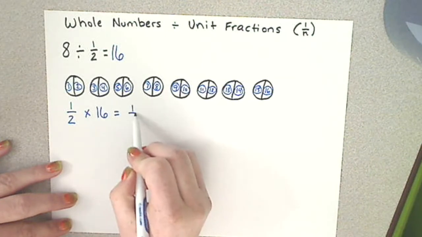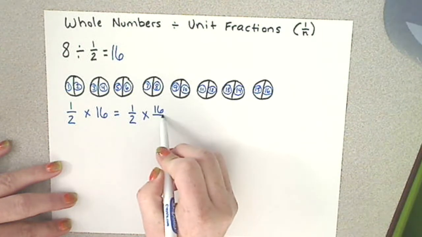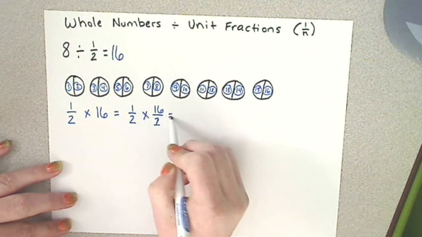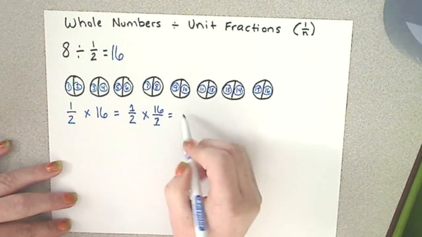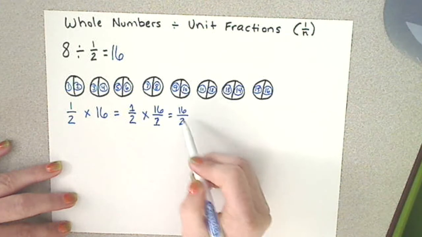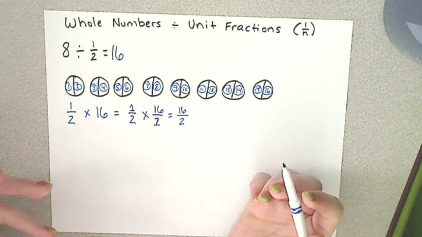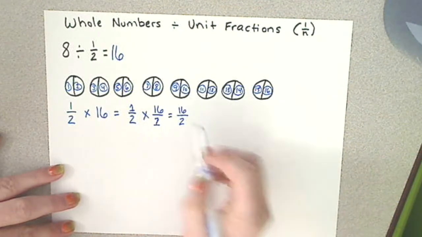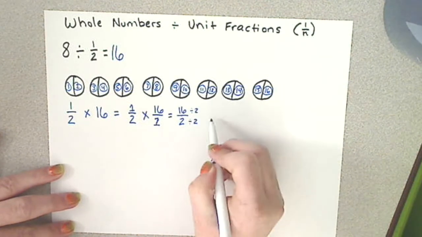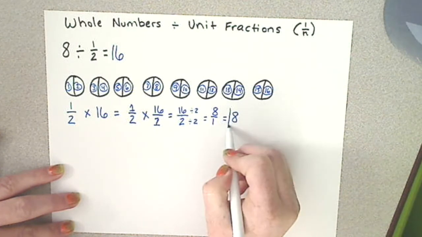Remember, a whole number is that number over 1. 1 times 16 is 16. 2 times 1 is 2. 16 divided by 2, because remember that fraction bar is simply a division symbol, but you could also reduce this by dividing by 2, which would take you to 8 over 1, which equals 8.